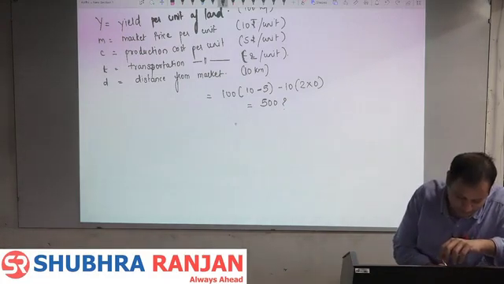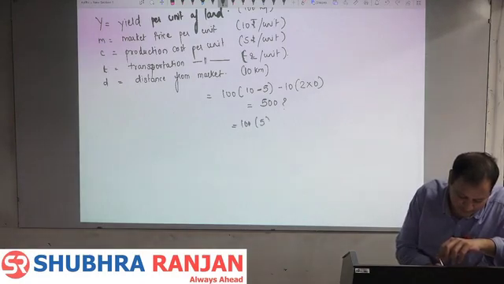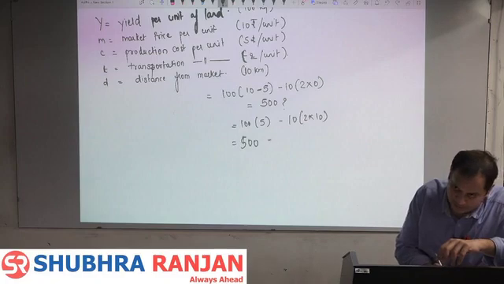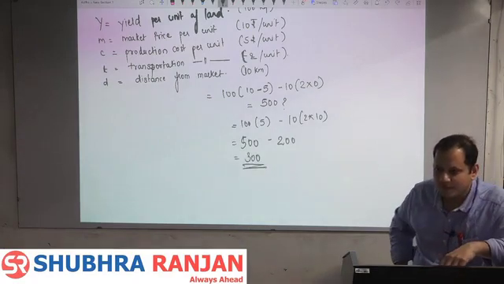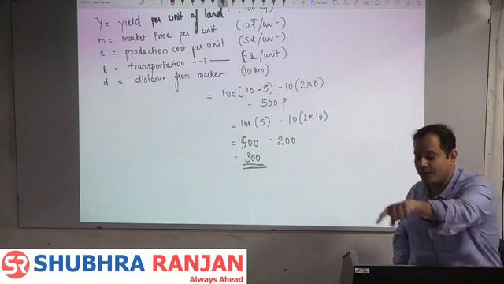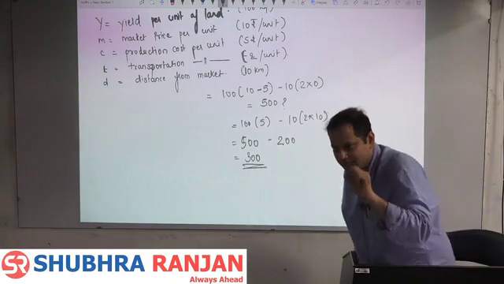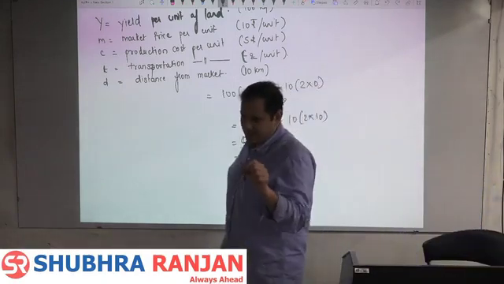So what will it be? 100 into 5 minus 10 into 2 into 10. That is 500 minus 200. Your profit decreases. So इसलिए वो point है, the only thing that it depends on is distance.